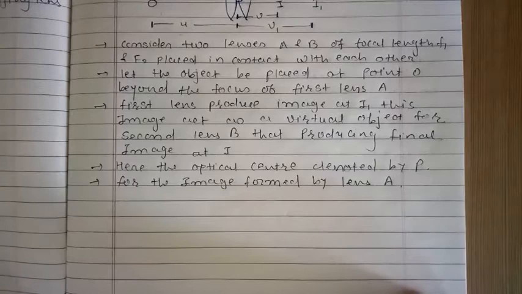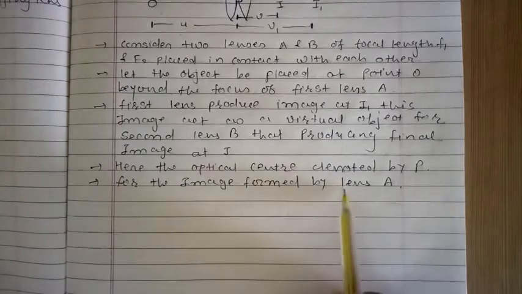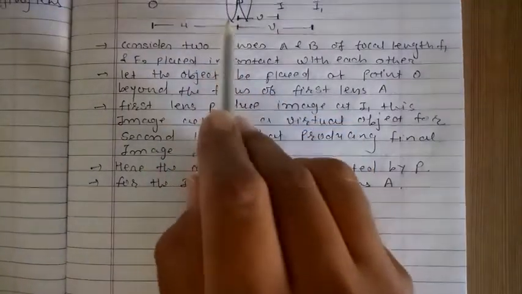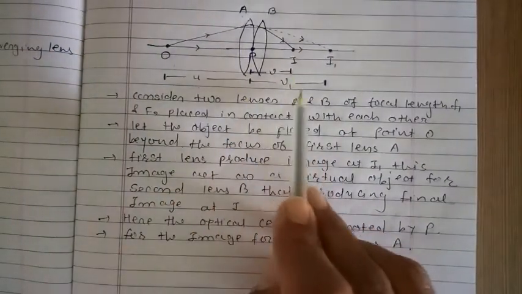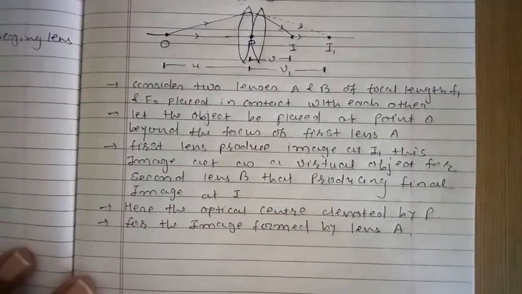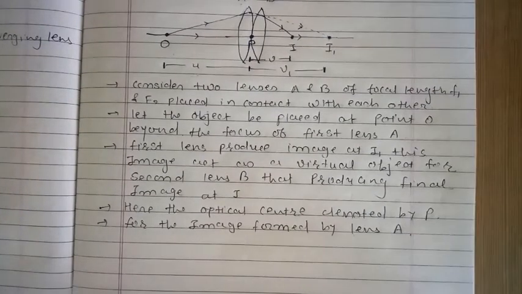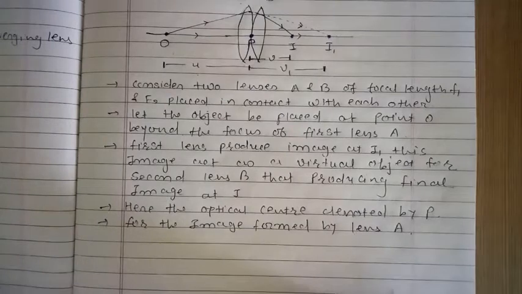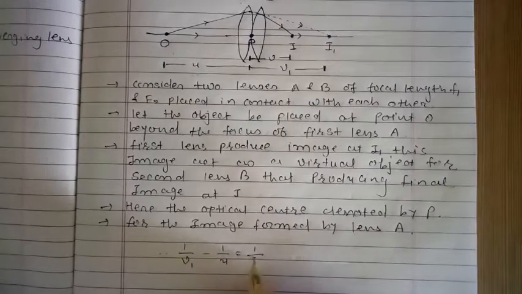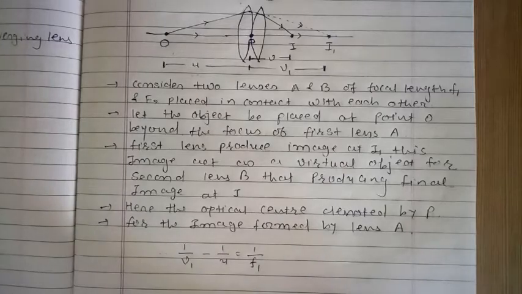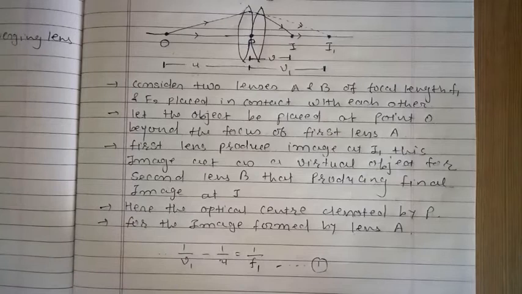But here we write the formula for lens A. So for lens A, object distance is u, but image distance is v1. So instead of v we have to write v1. From the lens formula we can write that 1 by v1 minus 1 by u is equal to 1 by f, but for lens 1, focal length f1, so 1 by f1. This is our equation number 1.